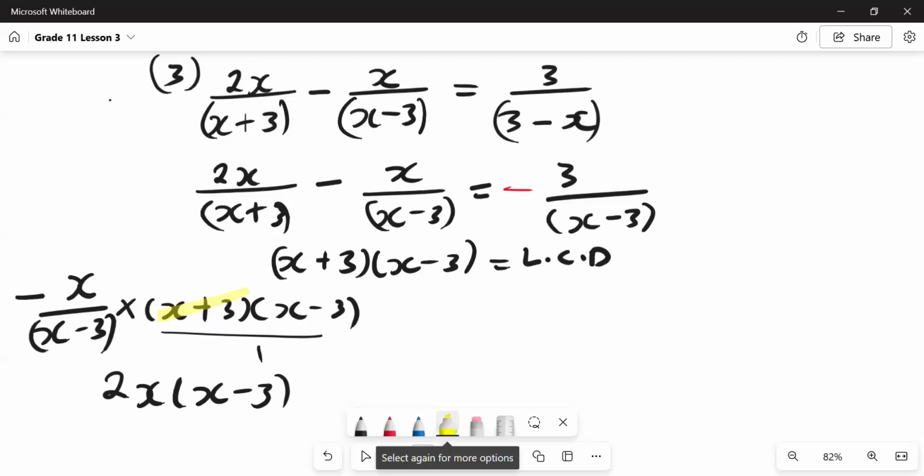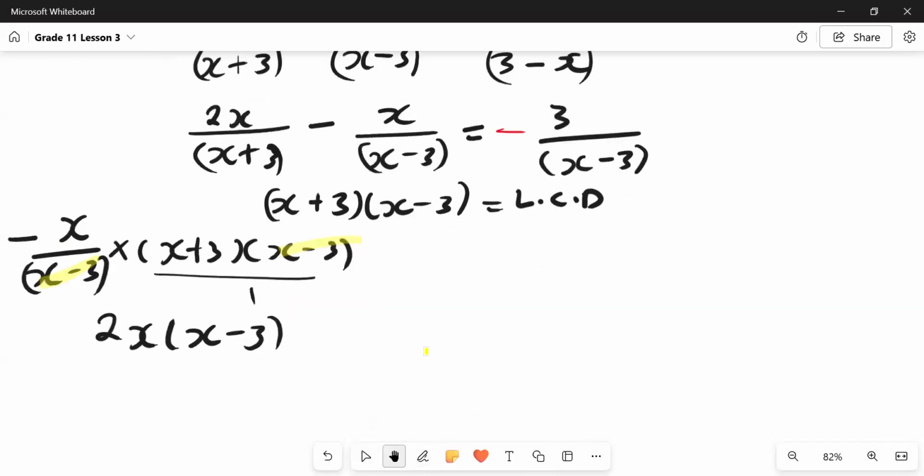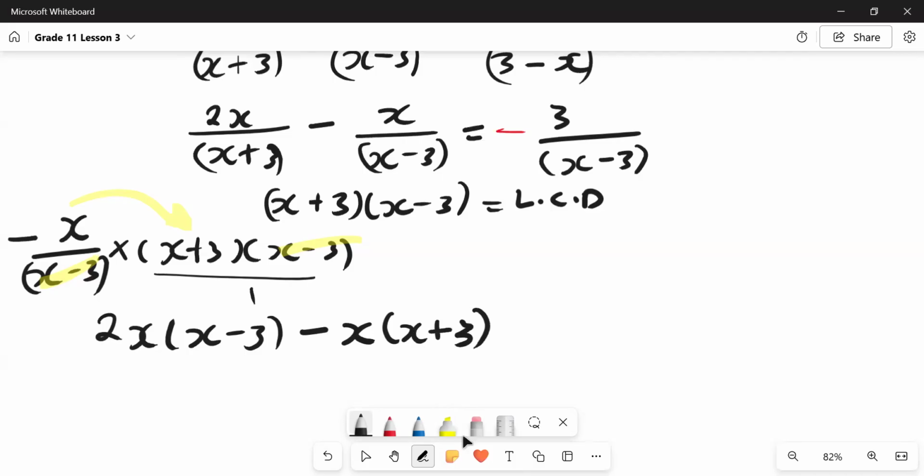Now, here we are not cancelling x plus 3, but instead we cancel x minus 3. So you have your x plus 3 there. We cancel x minus 3 and x minus 3. And now we are left with minus x multiplied by x plus 3, right?